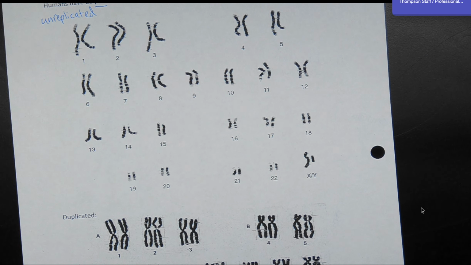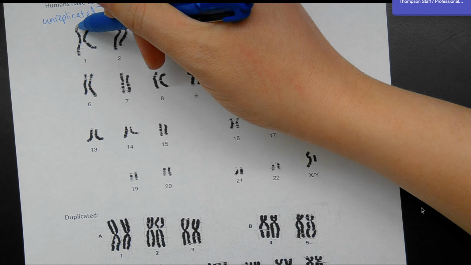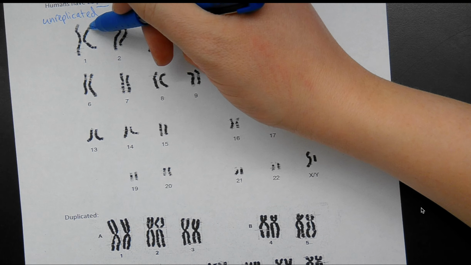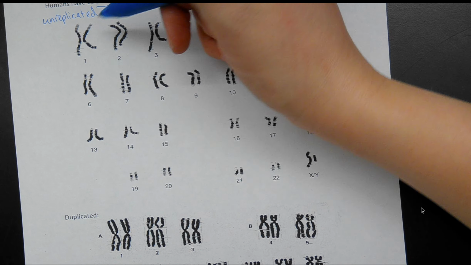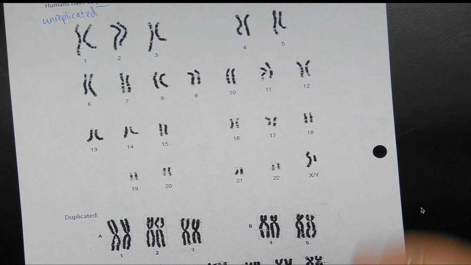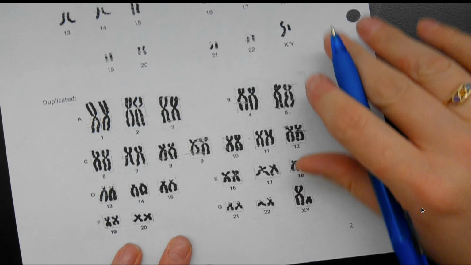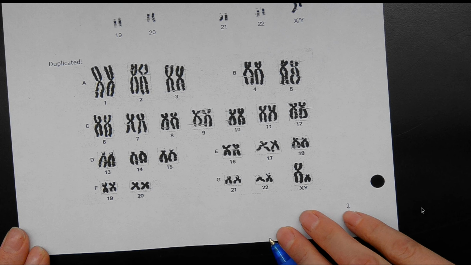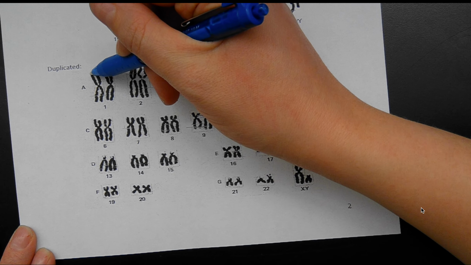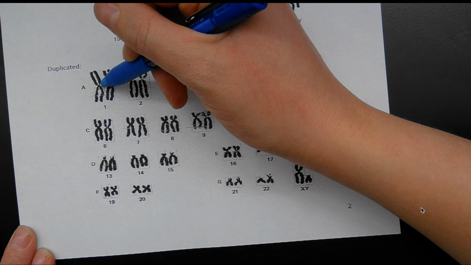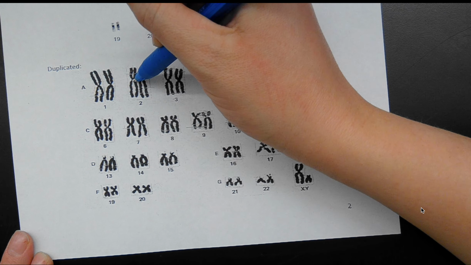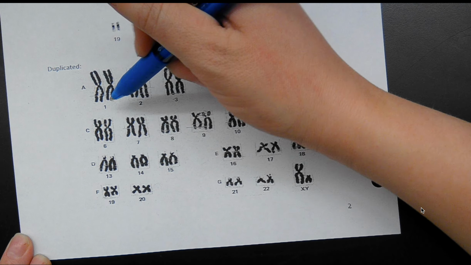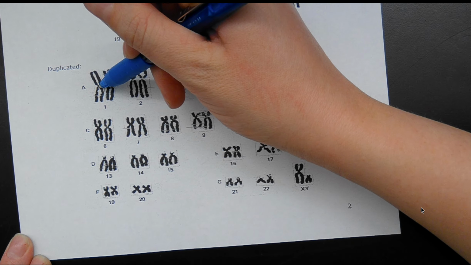Okay, so this is just our chromosome 1 from mom, or our chromosome 1 from dad. Underneath, you have a set of duplicated chromosomes. So here we have also 2 chromosome 1s, and also 2 chromosome 2s, but you can see that these chromosomes have undergone replication or made a copy of themselves.